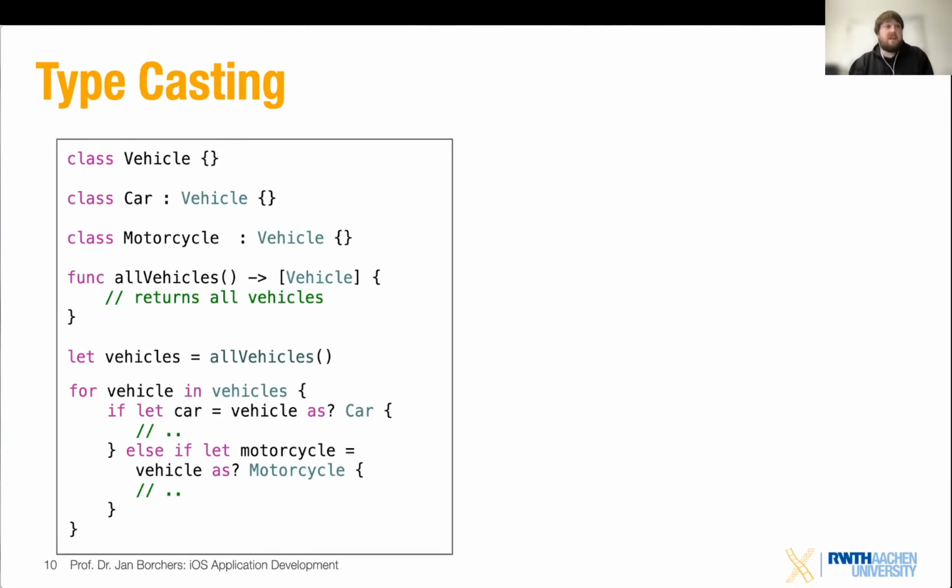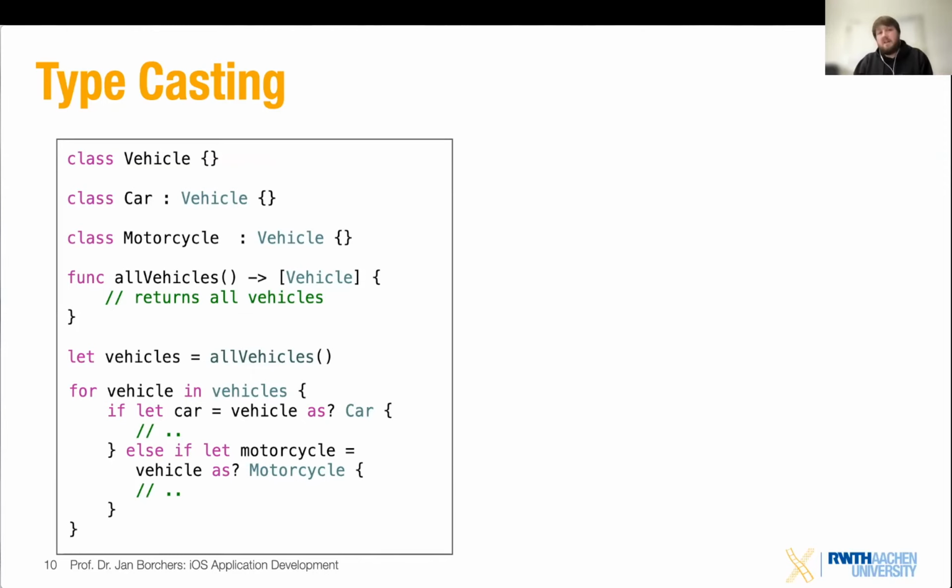And then similarly, I can also try to cast it as a motorcycle. So that motorcycle equals vehicle as with a question mark motorcycle is again trying to take the vehicle, casting it as a motorcycle, and assigning it to my new constant. And I can then inside the brackets be sure motorcycle is also of type motorcycle.